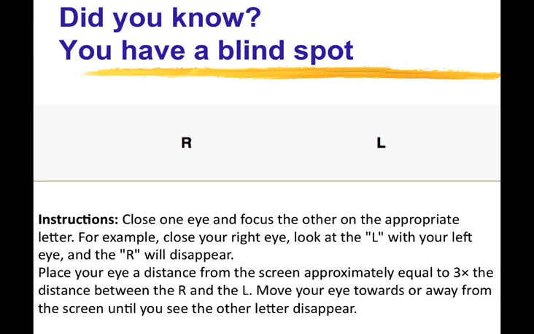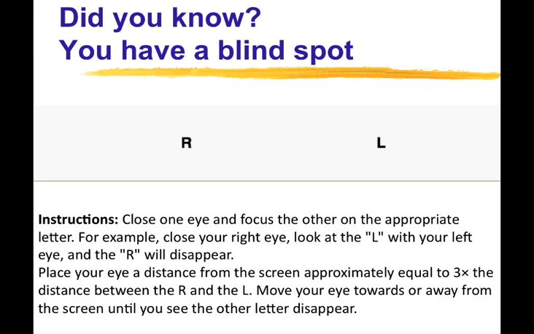So once you get this piece of paper, you're going to close, let's say, the right eye. Once you close the right eye, you have the left eye open. With the left eye open, look at the letter L, and put it at about 3 times distance between the points, and move it back and forth so you'll see that there's going to be a point where the letter L is going to vanish.